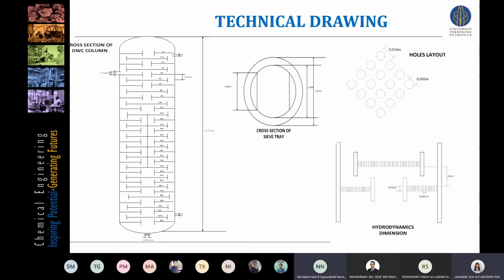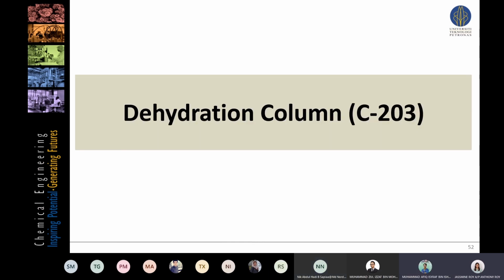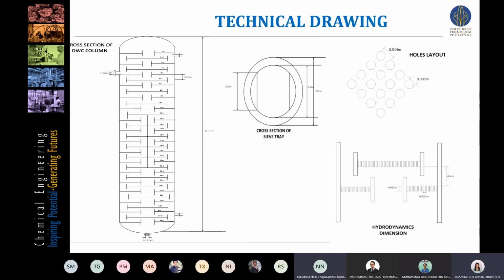Can you highlight with a pointer? This mode cannot have a pointer. Does the feed enter on the right side of the column or the left? At the left side, sir. At the left side, okay.